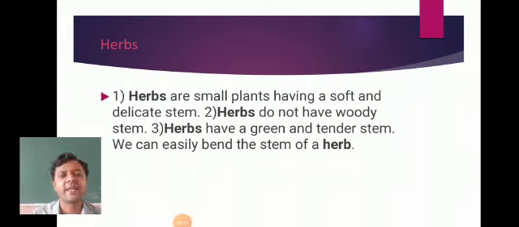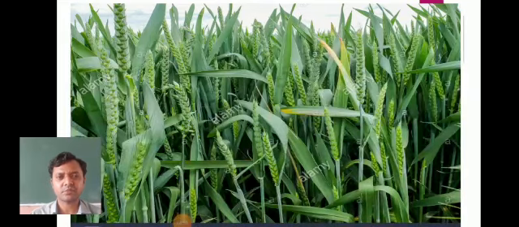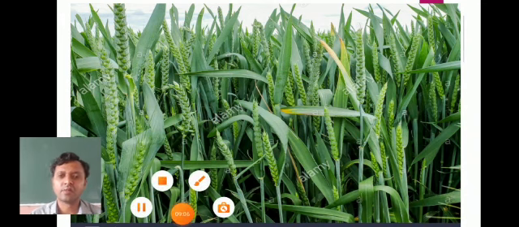These are many examples of herbs, and these are all edible plants, having tender stems which can be easily chewed or easily cut as well. Let us see the picture of a herb. Here I have given the picture of a wheat plant. The wheat plant is also an example of a herb.